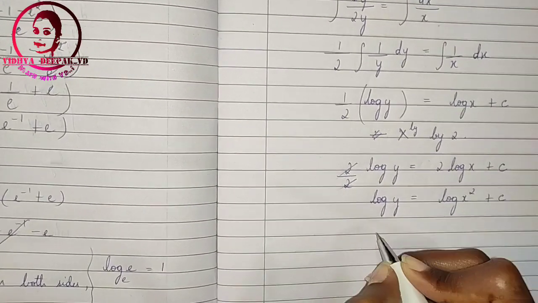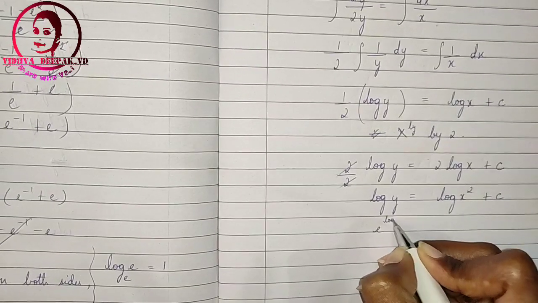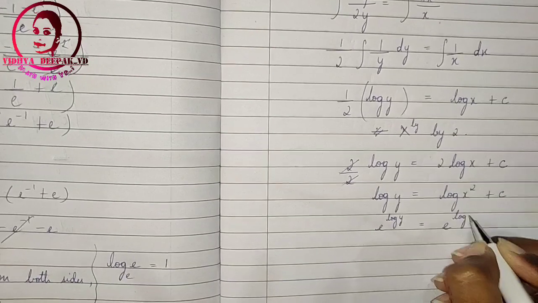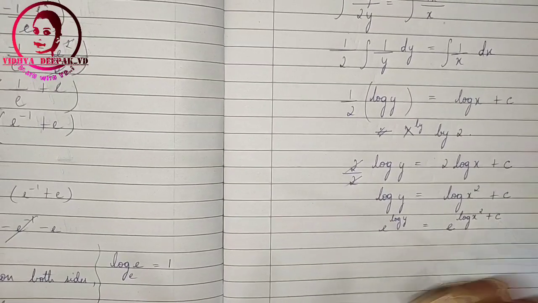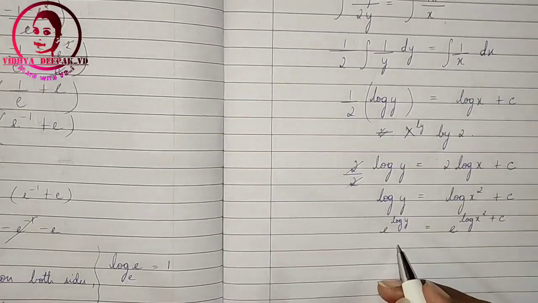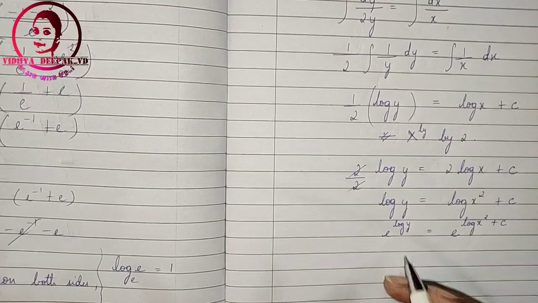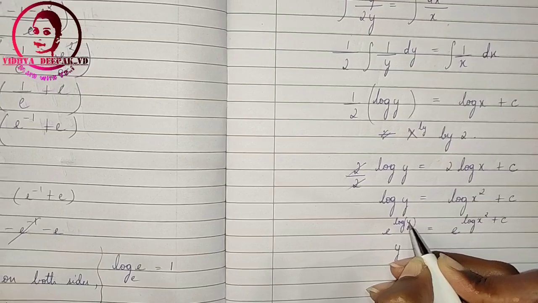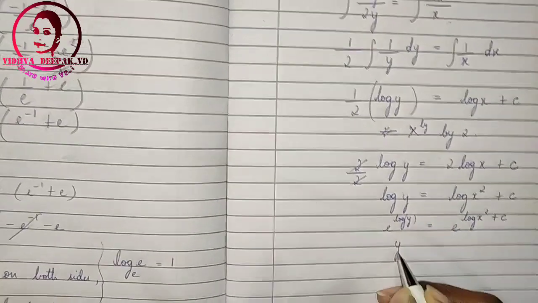What I am doing on the left hand side has to be done on the right hand side too, right? So e to the power of log x square plus c. Here e power log y is nothing but y.